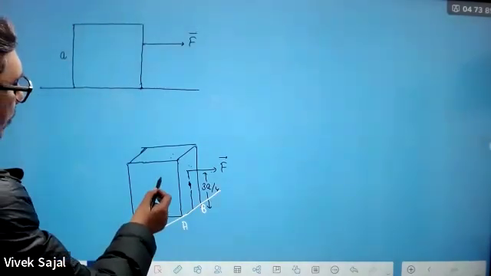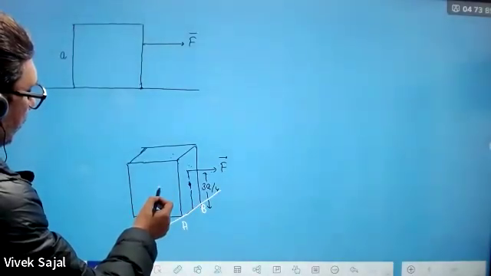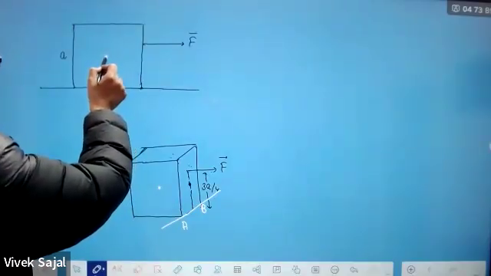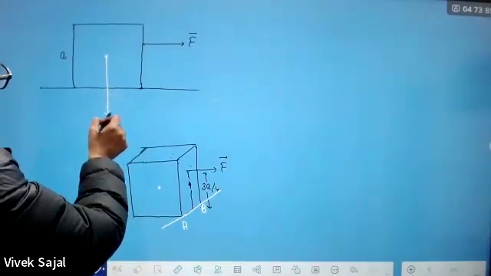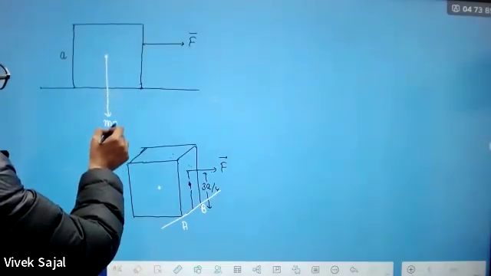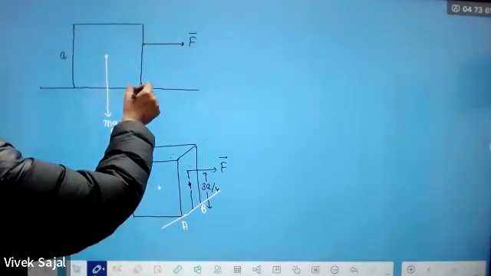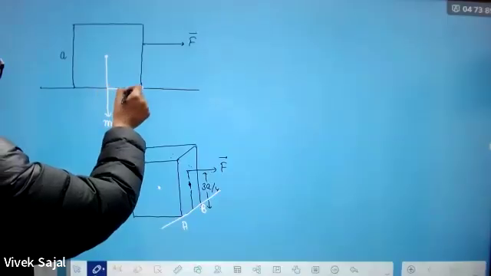Okay. So its center will be somewhere here. So in both diagrams, its weight is going to act in the downward direction. It will be mg. Okay. You want to take a rotation about this, so draw a perpendicular from here to here.